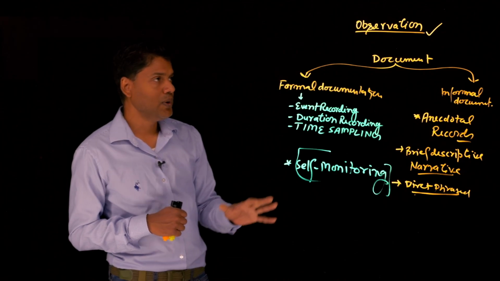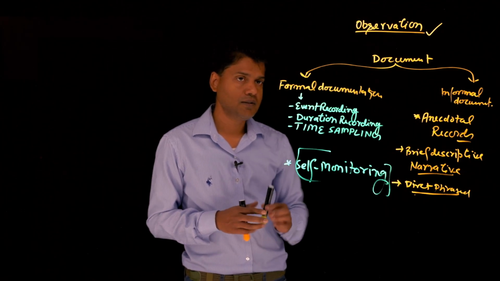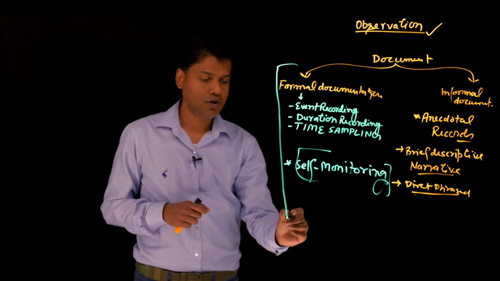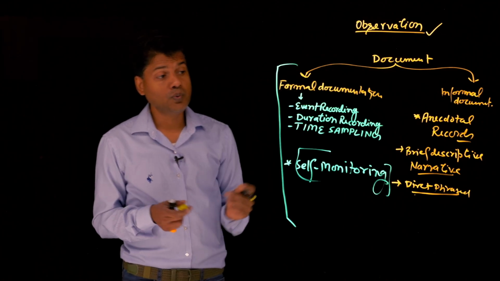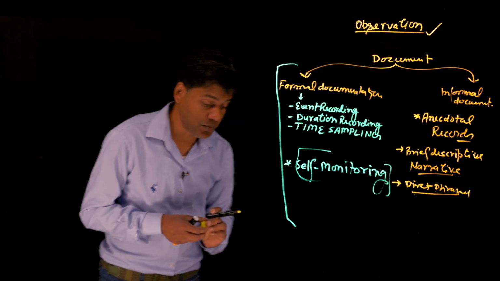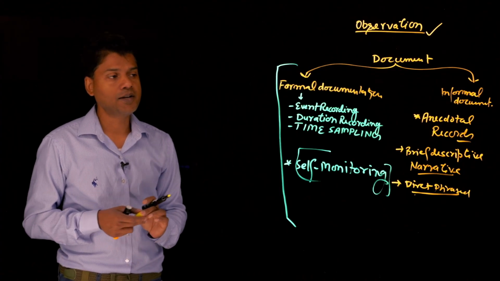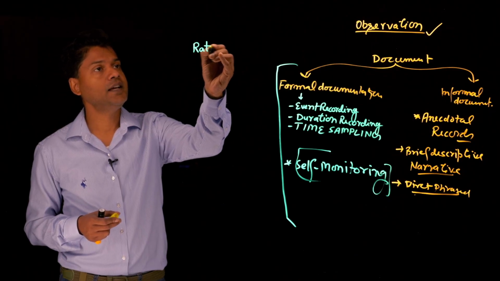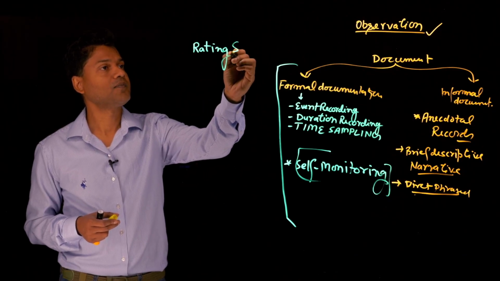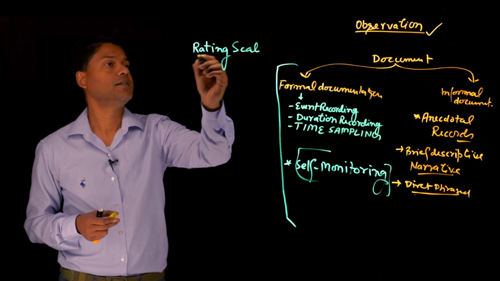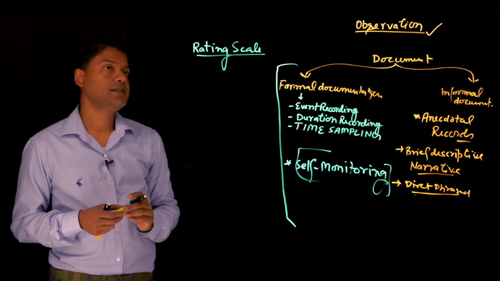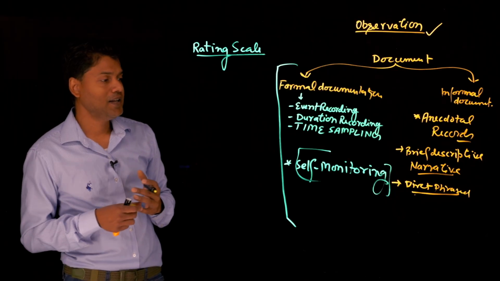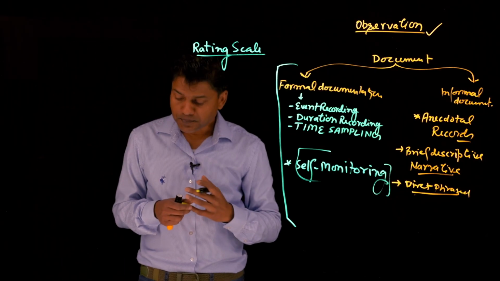Now in observation documentation, there is another tool which is very commonly used and very popular. So let's talk about that tool, which is called a rating scale. Rating scales are very popular, I would say, in observation documentation.